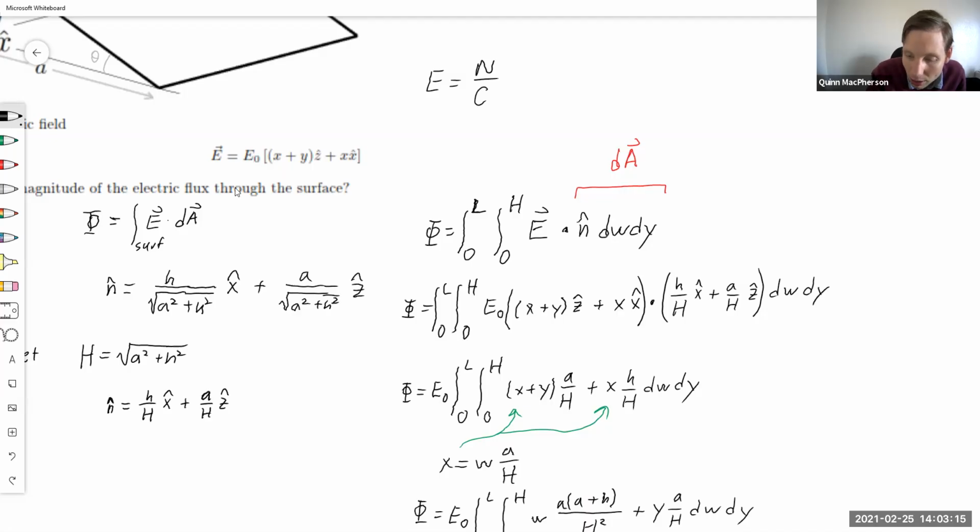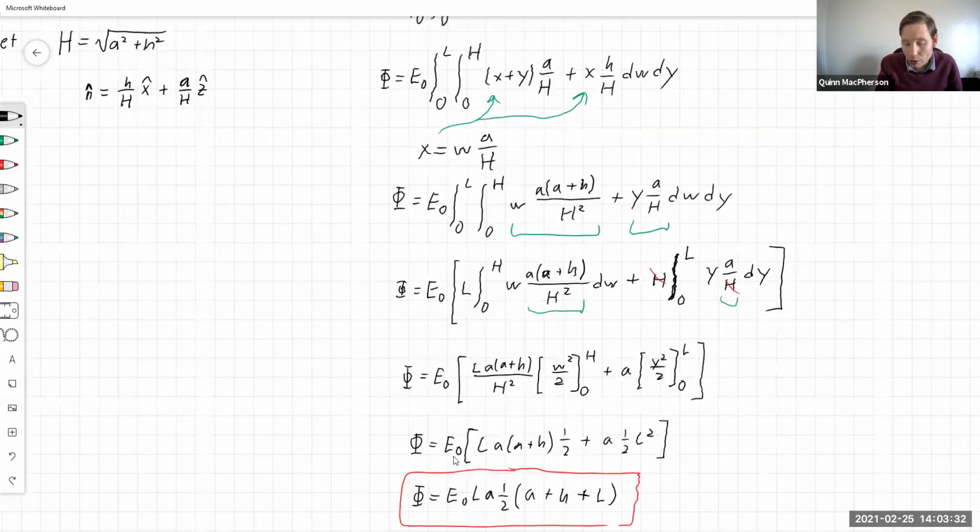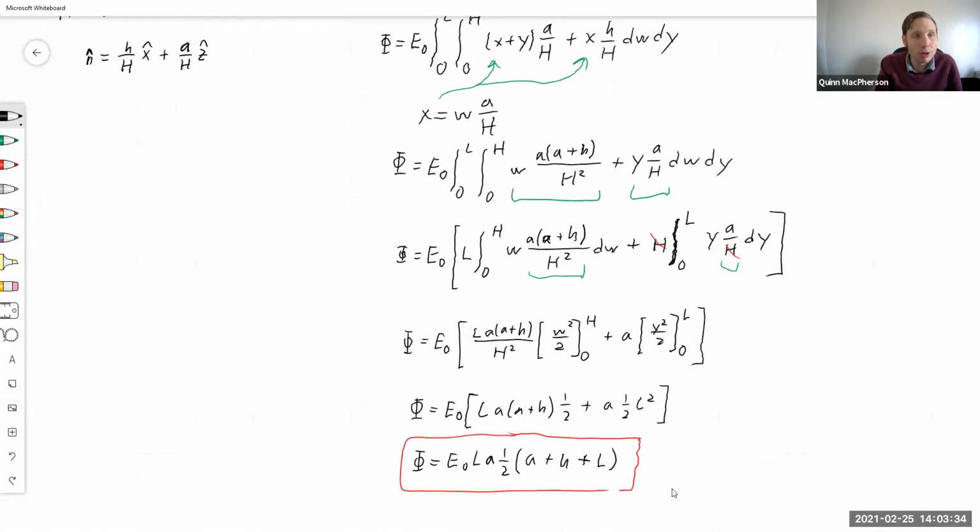So E naught is in newtons per coulomb meter. If we use that for E naught down here, we get newtons per coulomb meter times meters cubed, so newtons per coulomb times meters squared. The units of phi are electric field times area, so newtons per coulomb times meters squared. So the units work out, and that's that.